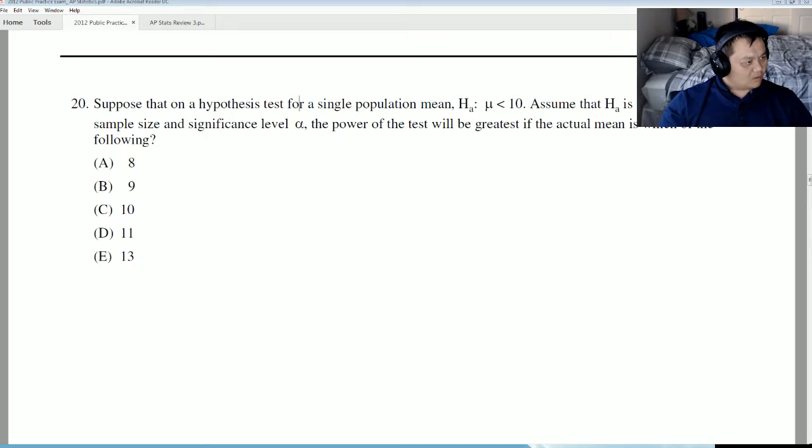Hold on. Because increasing the sample size should mean you're less likely to commit a type 2 error.